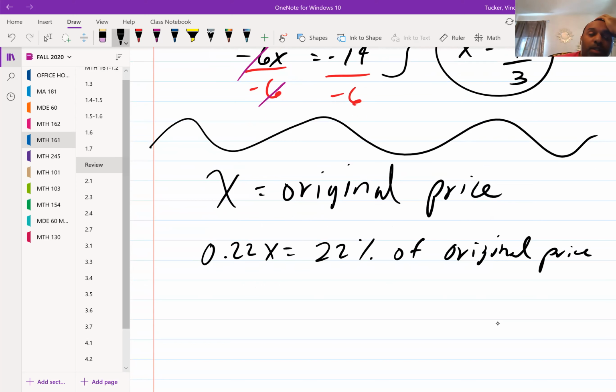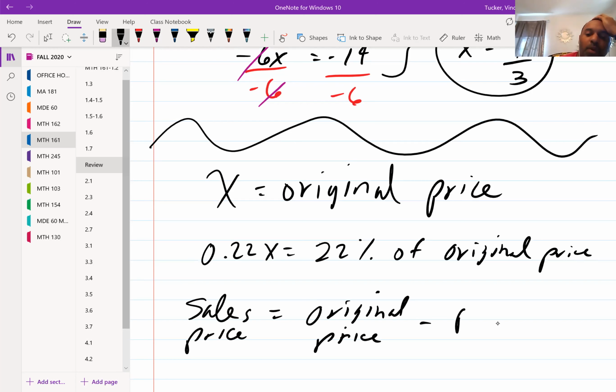So to represent the sales price, let me write it like this. In order to find the sales price, you would do original price minus the price reduction.